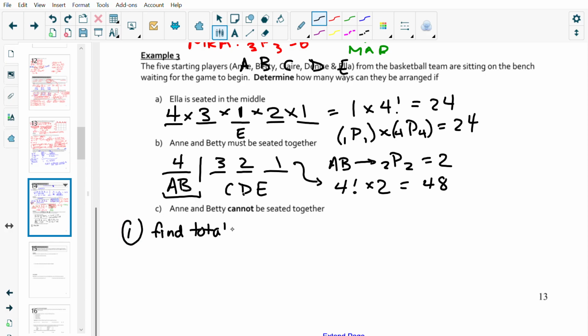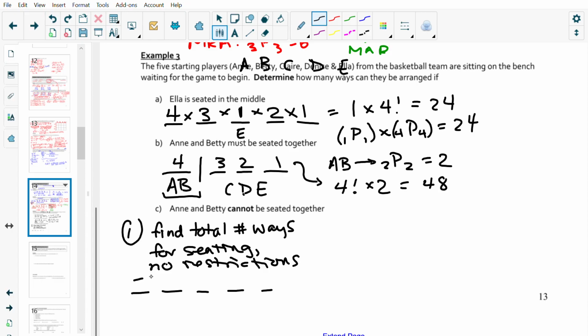Find the total number of ways for seating, no restrictions. What is that? One, two, three, four, five, 5, 4, 3, 2, 1, right?